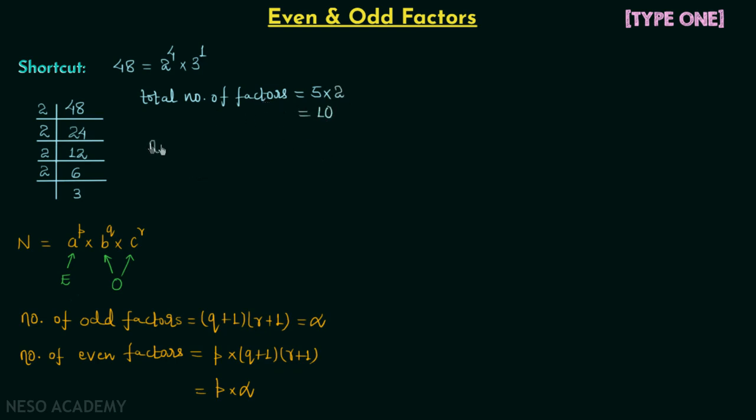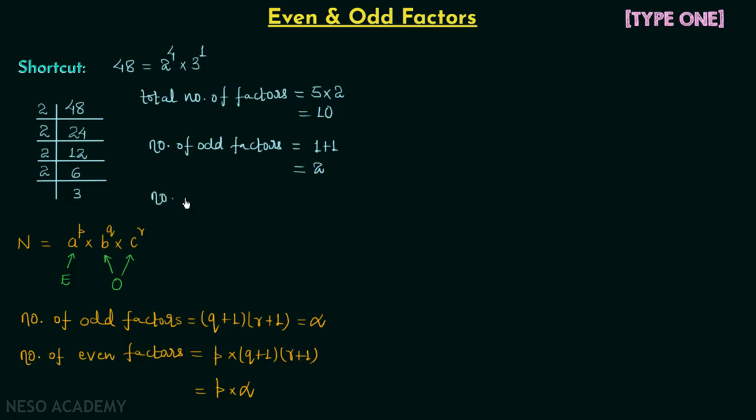Moving on to the number of odd factors. When you observe the obtained prime factors, you will find this is even and this is odd. So we will only consider the power of the odd factor. So we have 1 and we add 1 to it. So 2 is our answer. The number of odd factors of 48 is equal to 2.